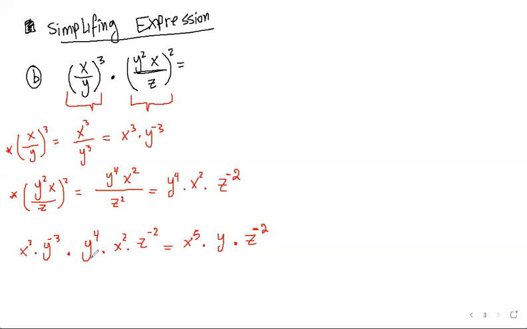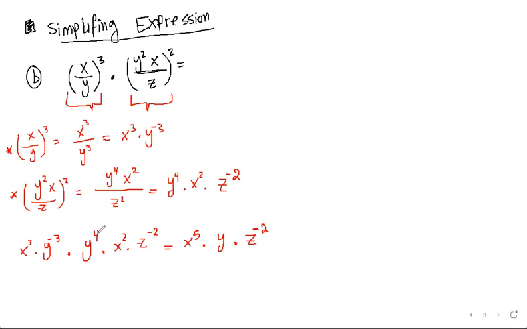Here x and x both have the same base but different exponents, 3 and 2, so we do summation, 2 plus 3, which is 5. For the y and y, we have the same base but different exponents, minus 3 and 4.